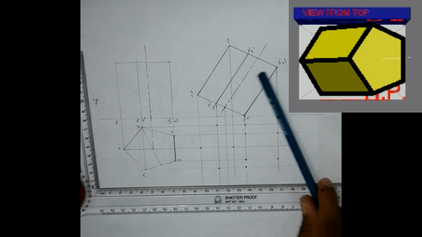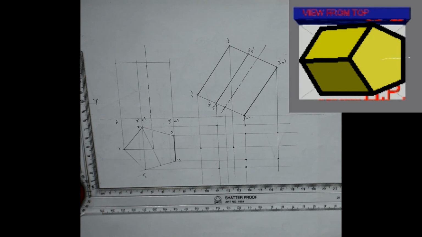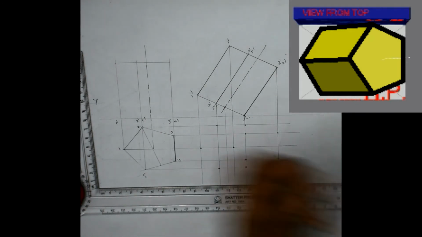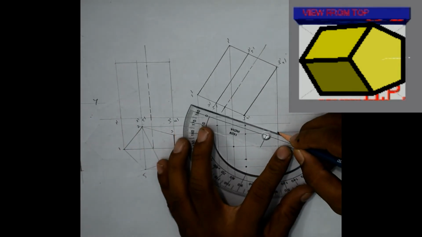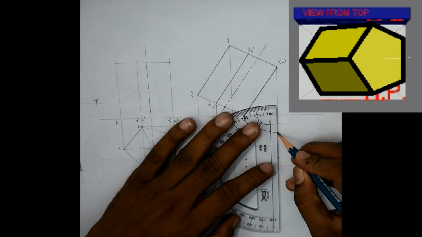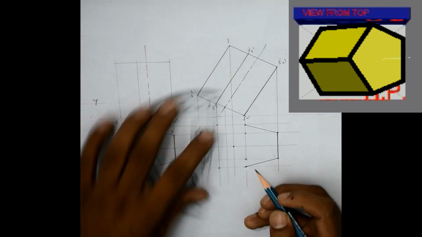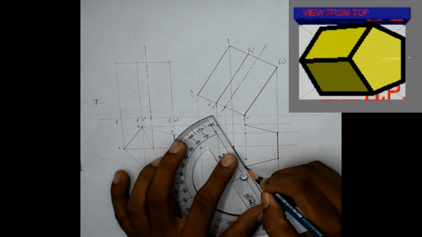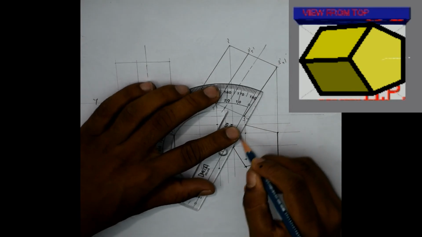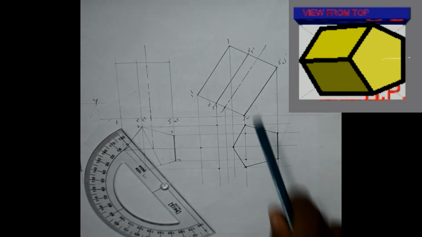So as this top view is visible, this top base is visible, I will darken only this portion first. So our little contracted pentagon appears like this, but this is the top base.